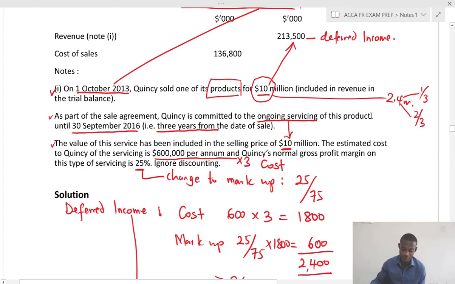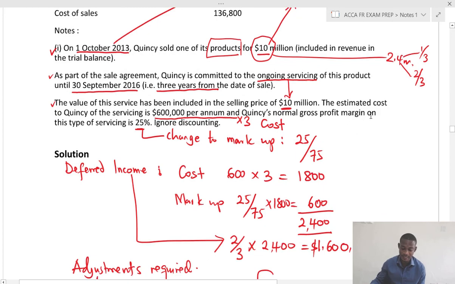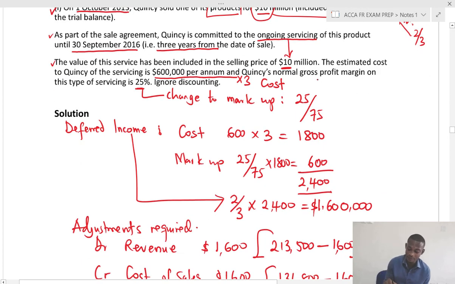So very straightforward. And the other technicality we had here is that we were giving gross profit margin, and we are going to apply that on cost. So if we are giving the total sales value of the servicing to be 2.4 million, then you can apply directly the 25% on it. But because we're giving cost, we have to change the margin to markup. And the only way you do that is to deduct the 25 from 100.